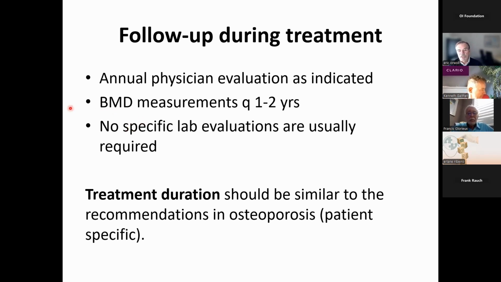Bone mineral density measurements every year or two are useful to ensure that bone density is at least stable, but hopefully increasing over the treatment duration. Other than routine laboratory evaluations, the usual recommendations are not to use special laboratory tests to follow the results of therapy. We can talk more about that in the question and answer session.